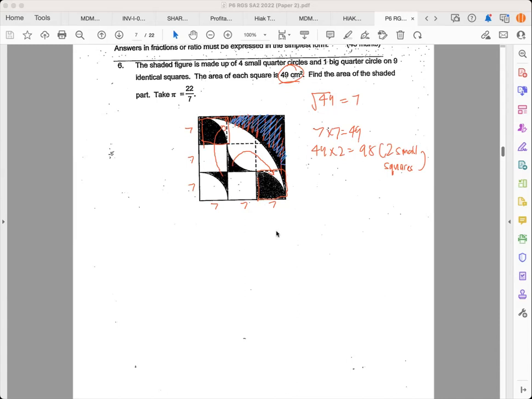So the area of this boomerang can be found by using the area of the large square, which over here is 21. The area of the large square will be 21 multiplied by 21, which is equal to 441. Let me double check.